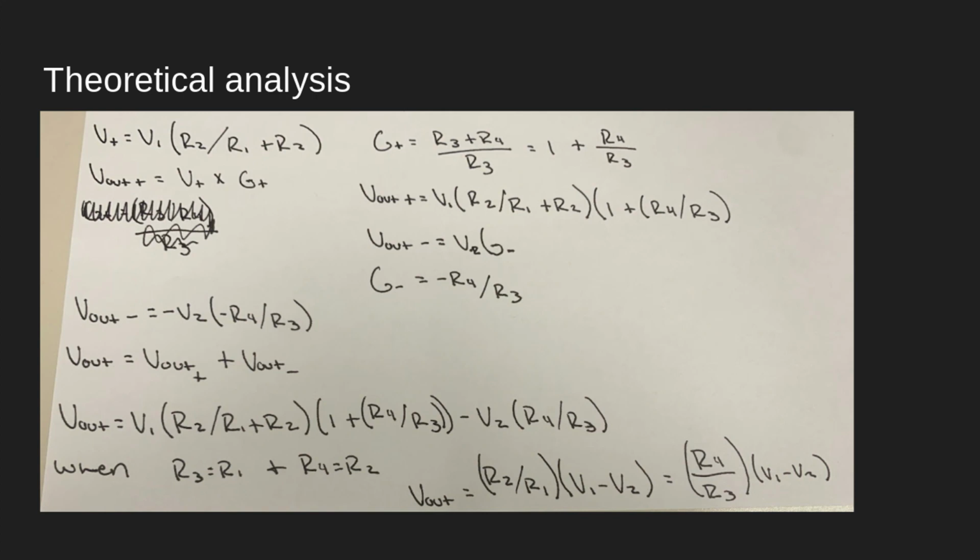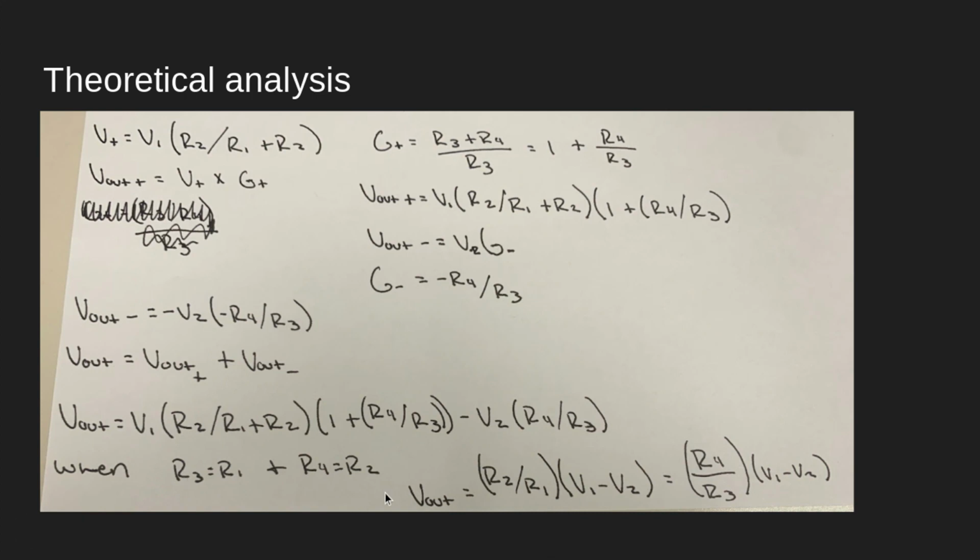And I did use some gain in here, non-inverting gain and inverting gain, as you can see by the G minus and G plus. This all got me to this big equation right here to get my final output voltage value. I equated my R3 to R1 and my R4 to R2.